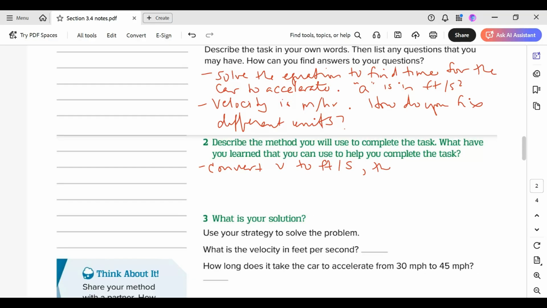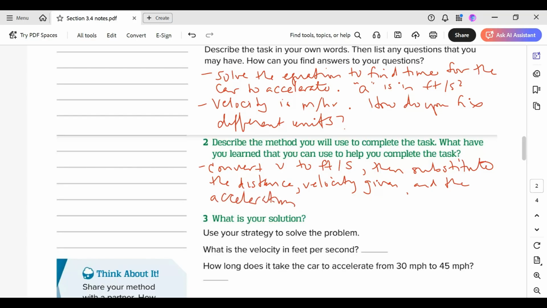And then we're going to substitute the distance they gave us, the velocity given, and the acceleration. And then solve for time.